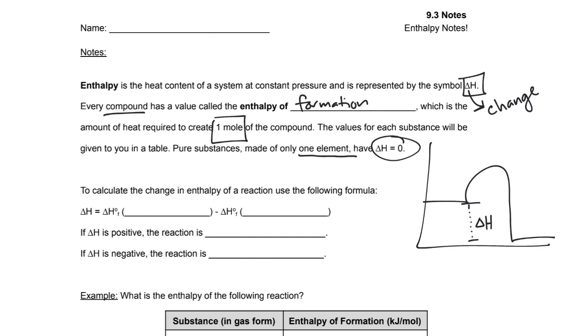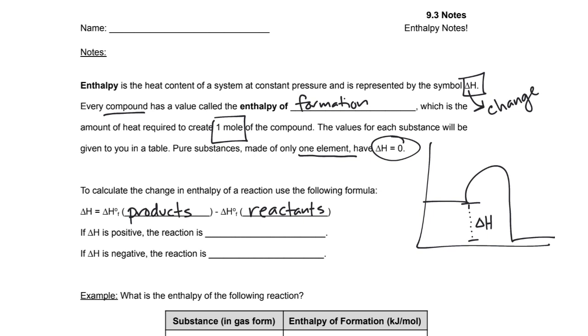So in order to calculate the change in enthalpy of the reaction, you're going to use this formula that you see here. And it says that the delta H is equal to the enthalpy of formation of the products, all the things that are going to be produced in a reaction, minus the enthalpy of formation for the reactants. So we're going to take that enthalpy in the end that we get with the products and subtract from it the enthalpy that was there in the reactants.